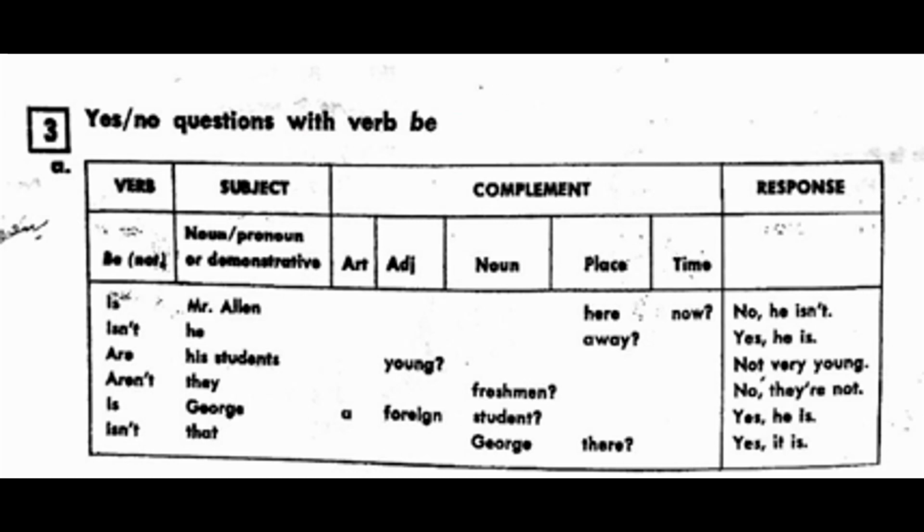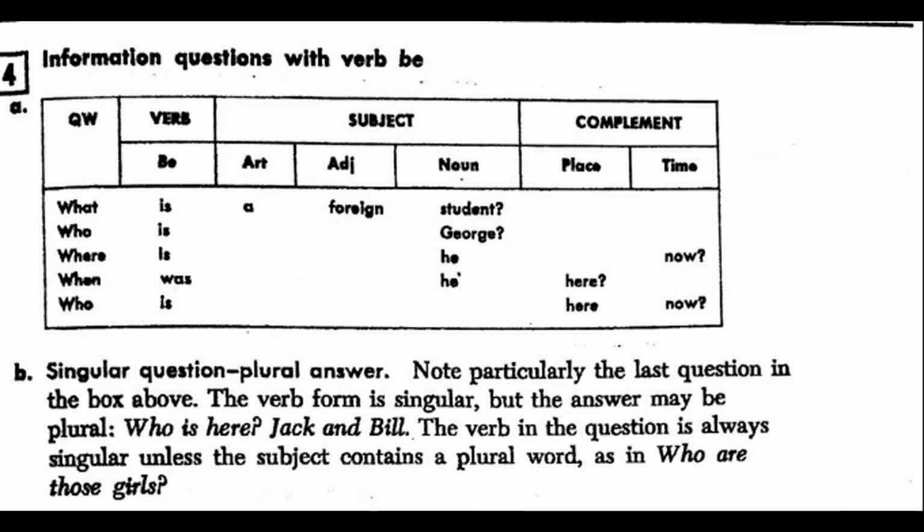On the other hand, we have information questions with verb be. Why do we call them information questions? They are called information questions because yes or no are not sufficient as responses. We need to give details as responses.